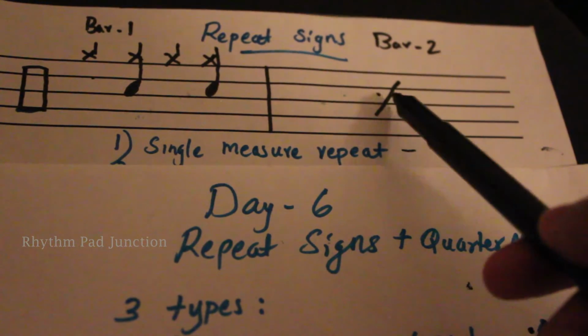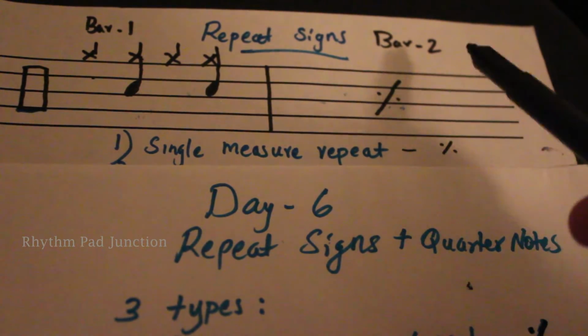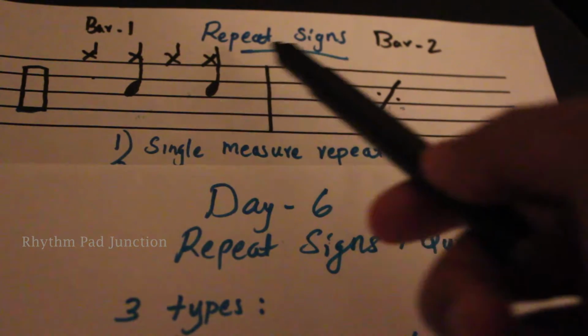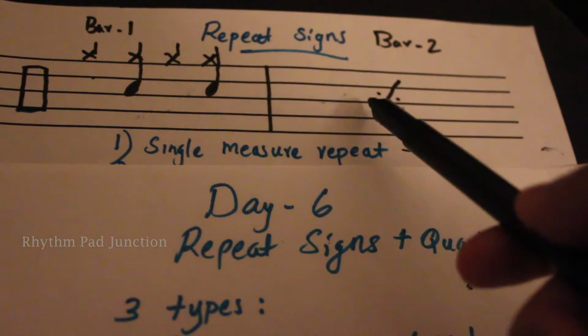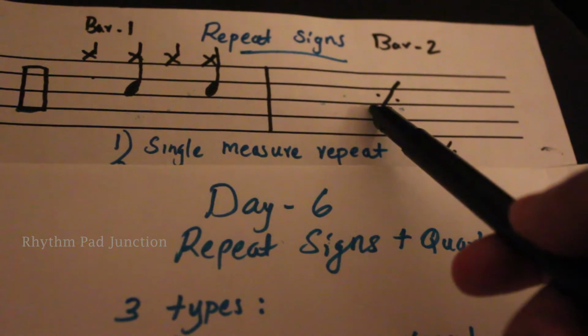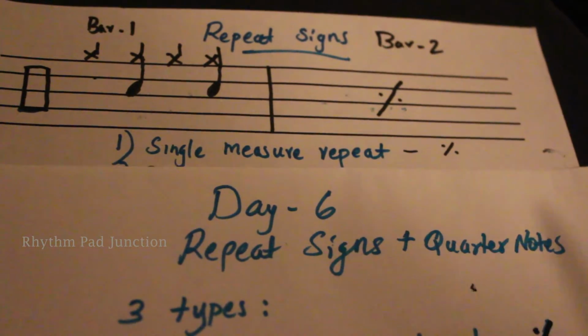That's what single measure repeat means. That single bar, which in this case is bar 1, we are going to repeat the same thing on bar 2. Simple.